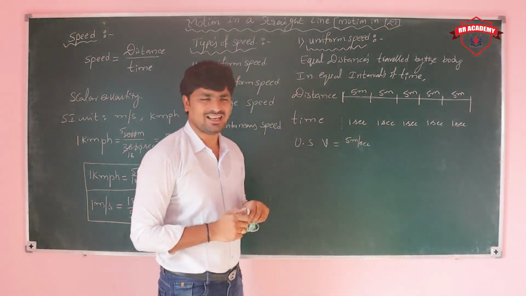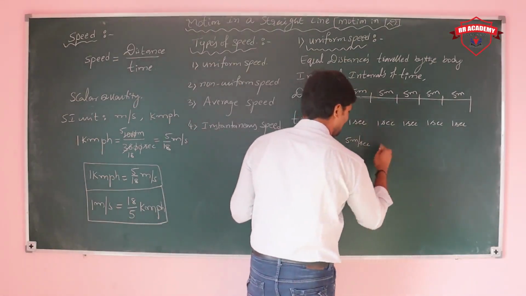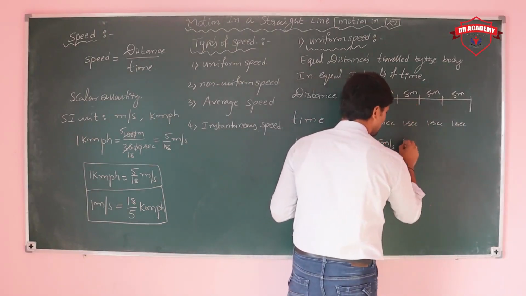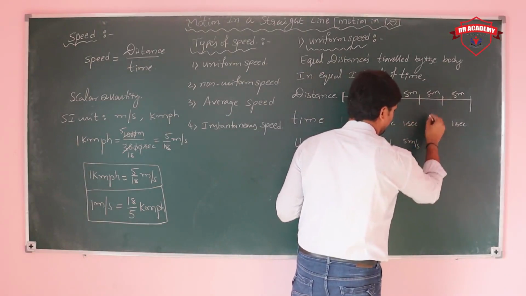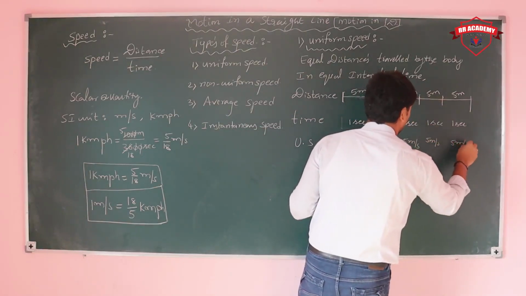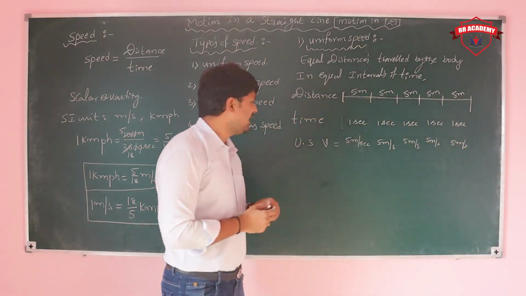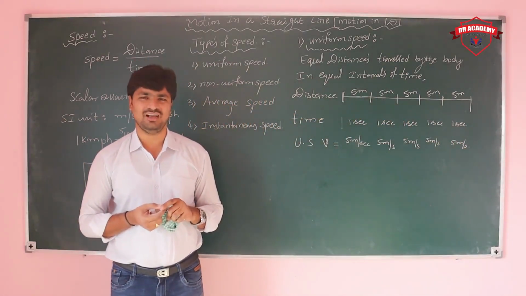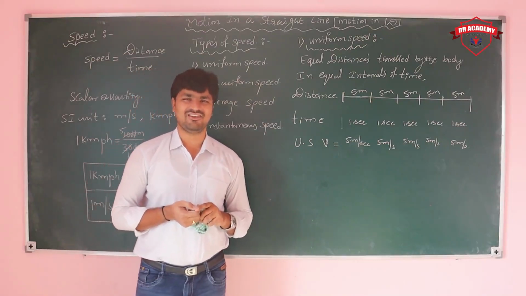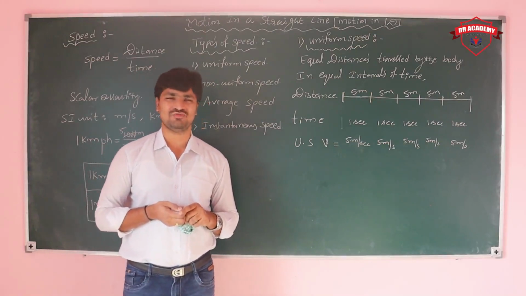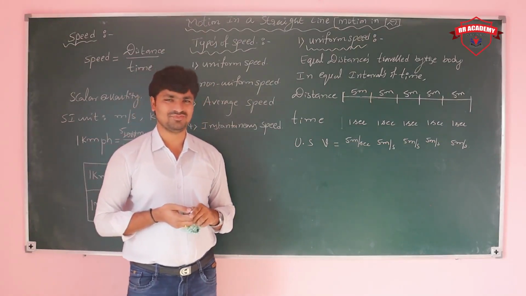In the next second also 5 meter per second, and in each following second also 5 meter per second. He has traveled equal distances in equal intervals of time, so the speed is said to be uniform.